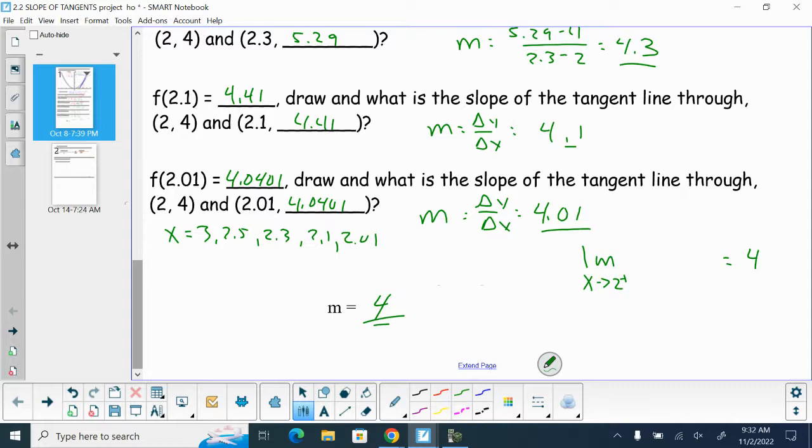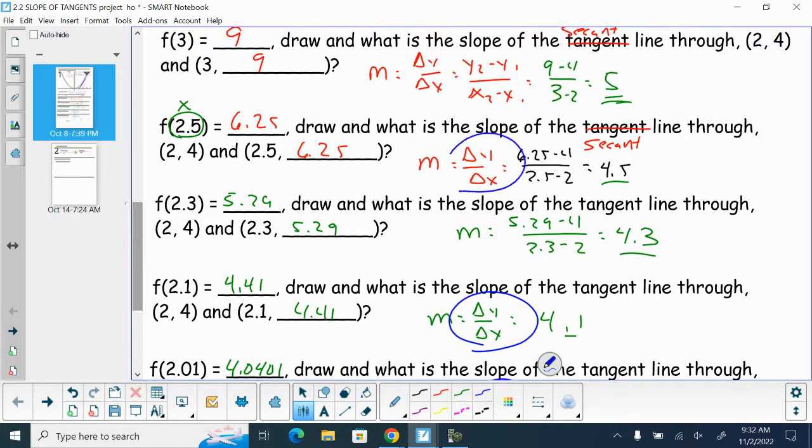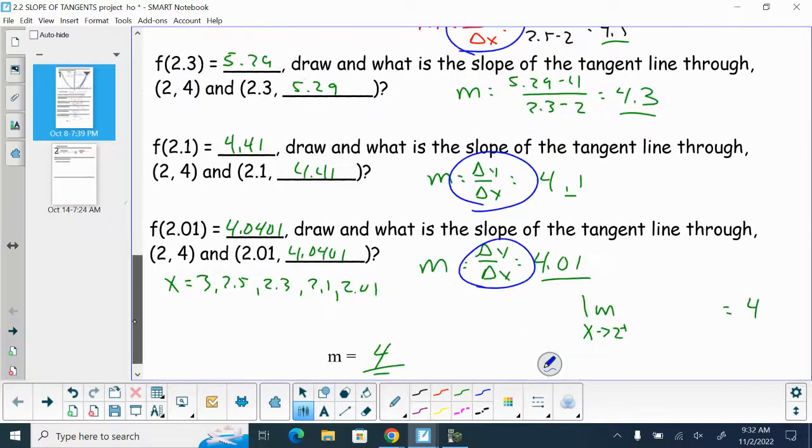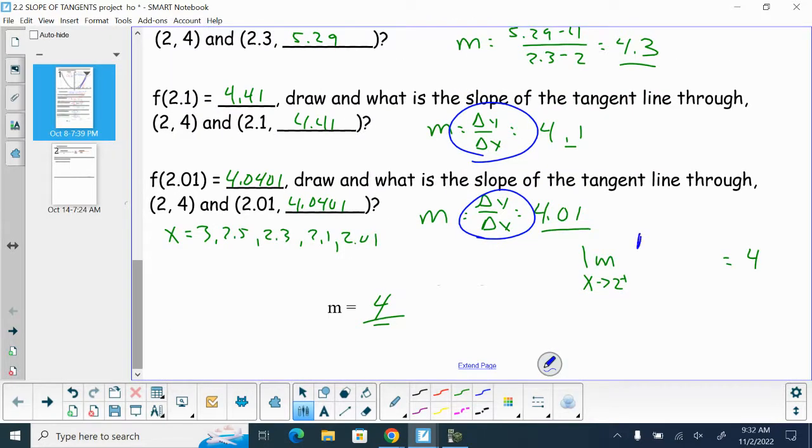What we're taking a limit of, as x is getting closer and closer, is delta y over delta x. So we're taking a limit of this, of our slope equation. How we determine our slope.